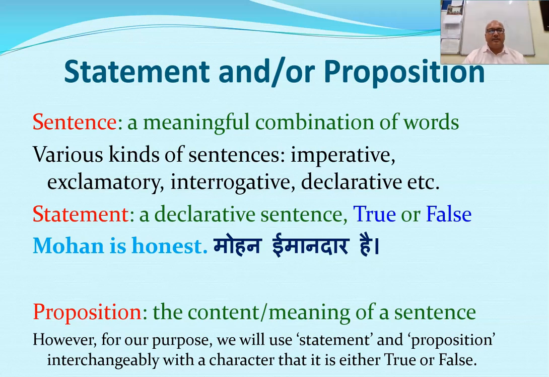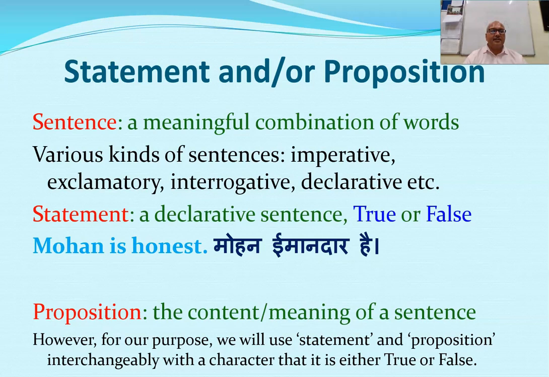Now, among all these sentences, only declarative sentences are called statements, which means the sentences which assert, which claim something about the reality. They are stating something about the reality. So only a declarative sentence is called a statement.